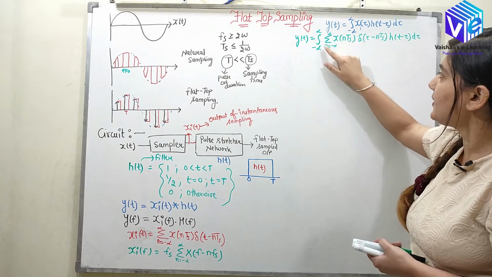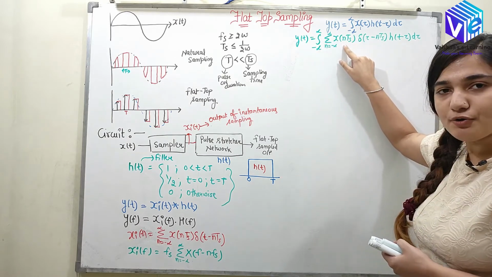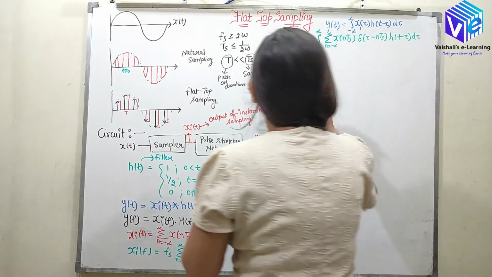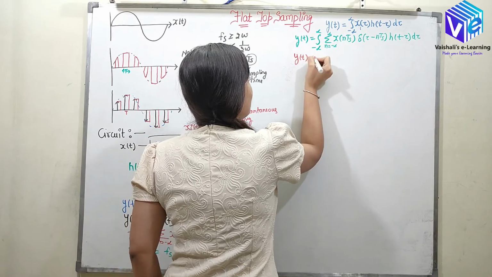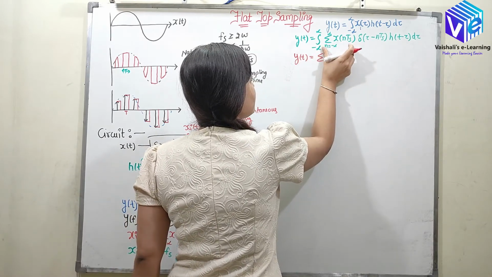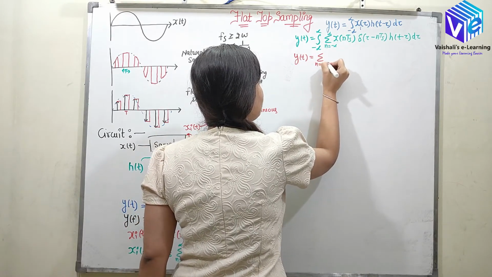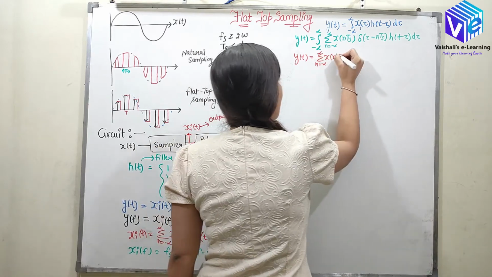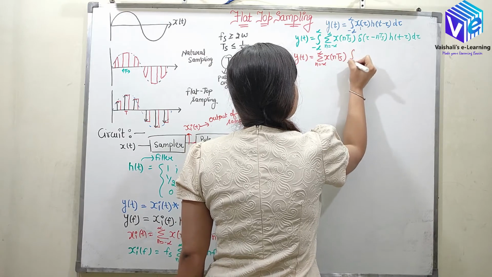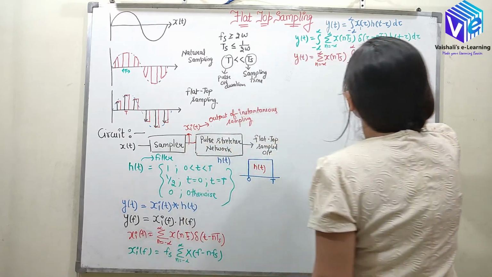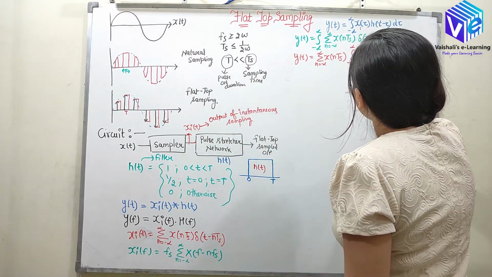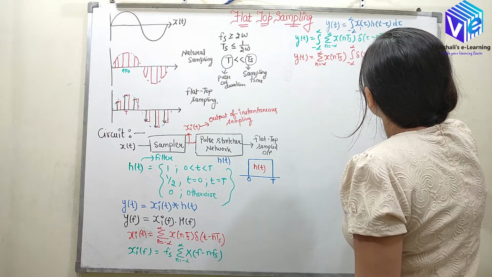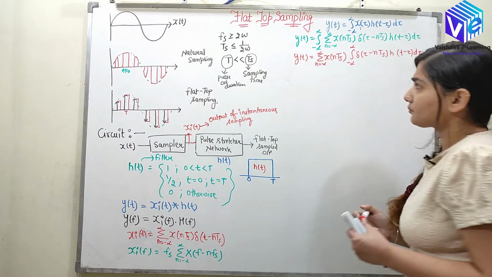Now this term is invariant of tau, so this is constant. I can take it outside. So y of t would be equal to summation n is equal to minus infinity to infinity x of nTs integration minus infinity to infinity del of tau minus nTs h of t minus tau d tau.